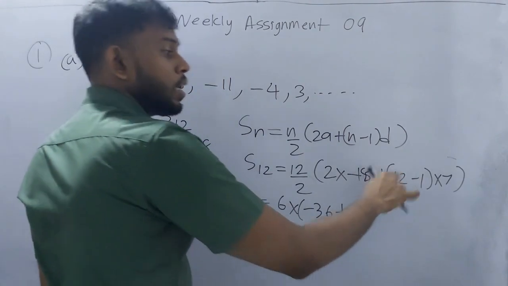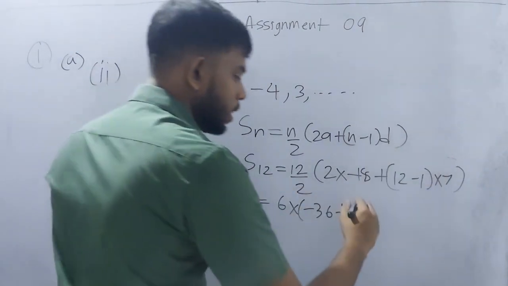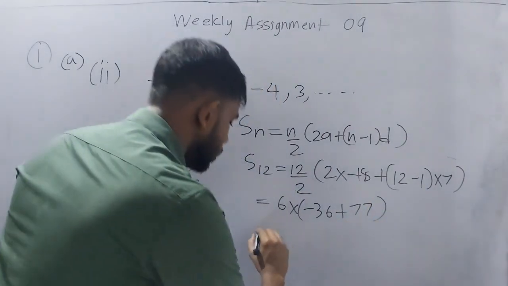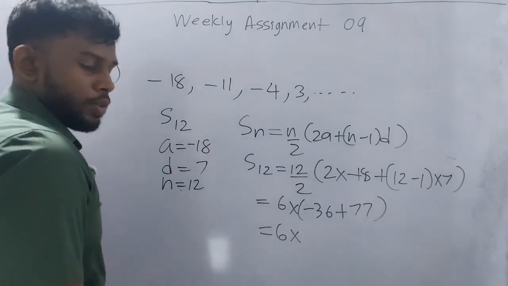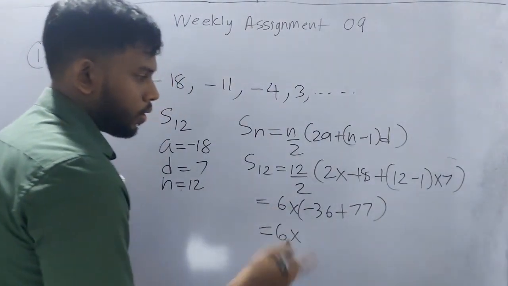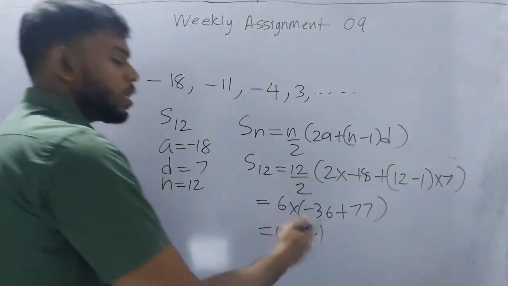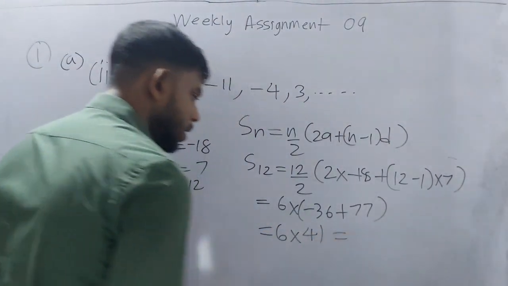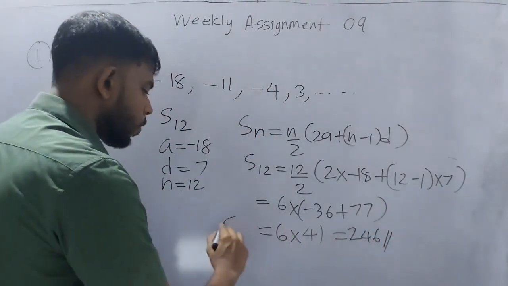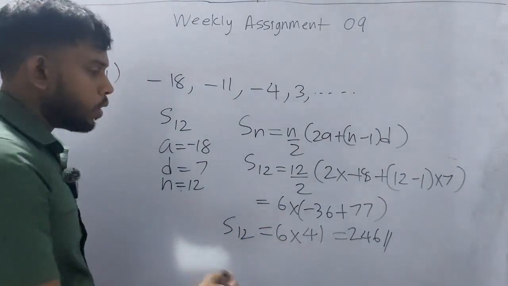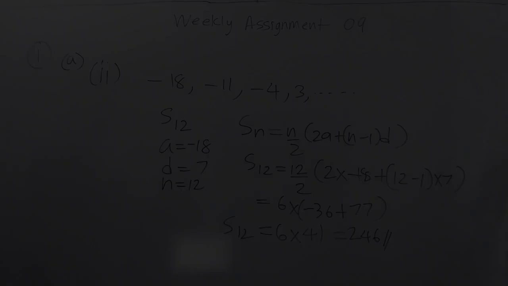Minus 36 plus 12 minus 1, 11. 11 into 7, 77. So this is equal to 6 times minus 36 plus 77, that is equal to 41. So 6 into 41, which is equal to 246. So the sum of first 12 terms is equal to 246.